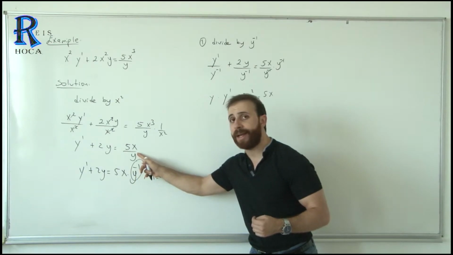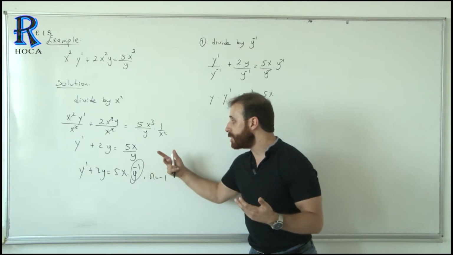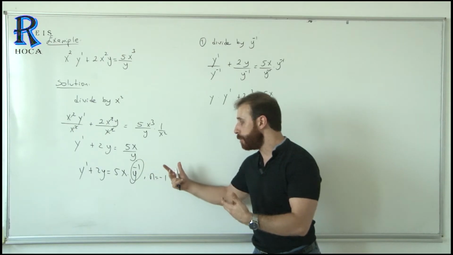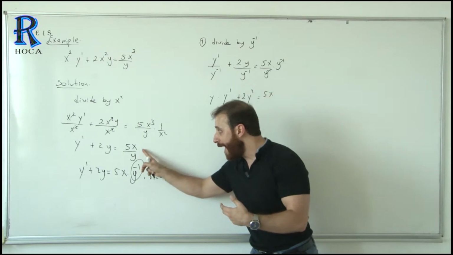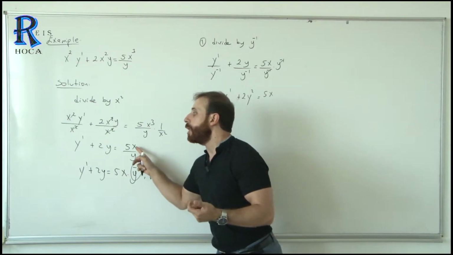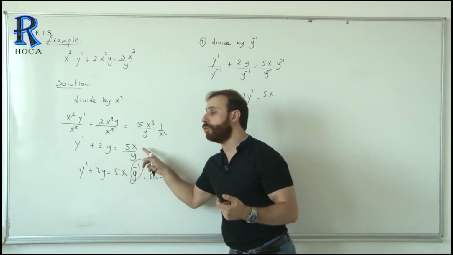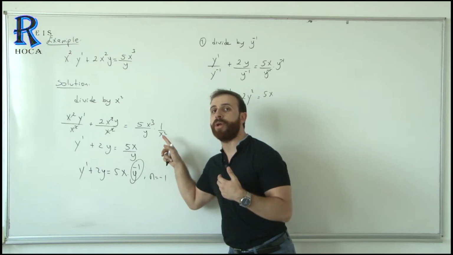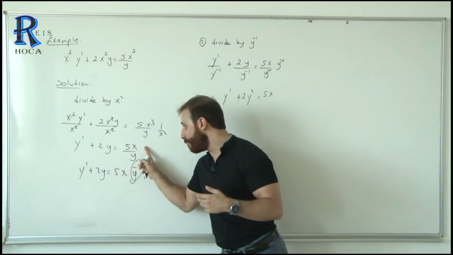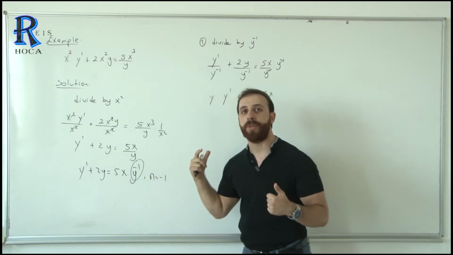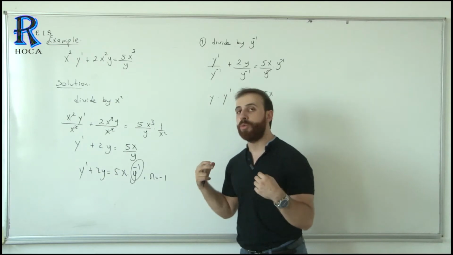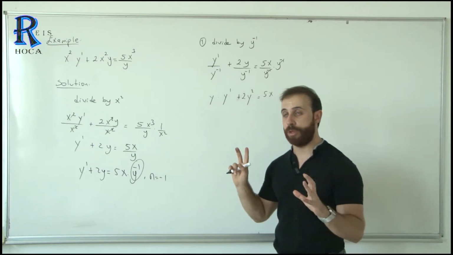You can say directly n equals minus 1, and instead of dividing by y to the power of minus 1, in this step you can say let's multiply by y to remove the term of y on the right side. You can multiply by y and obtain the same thing, but directly you must see that n equals minus 1 first of all.